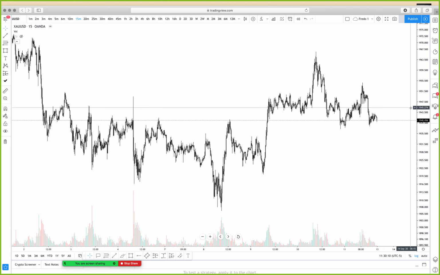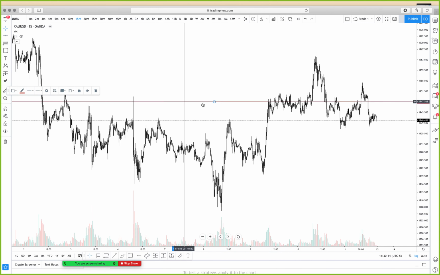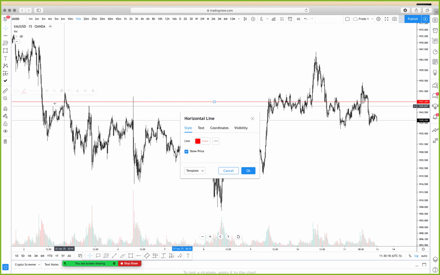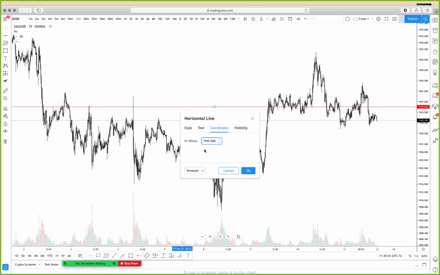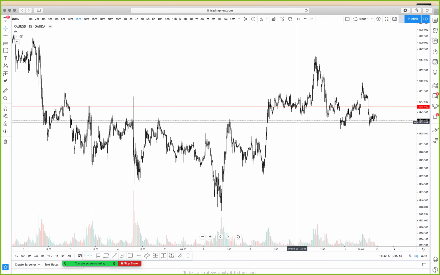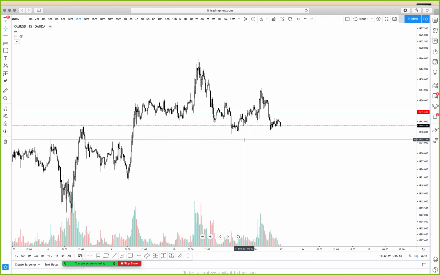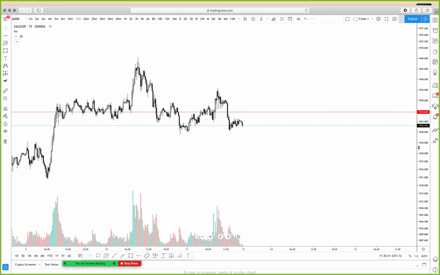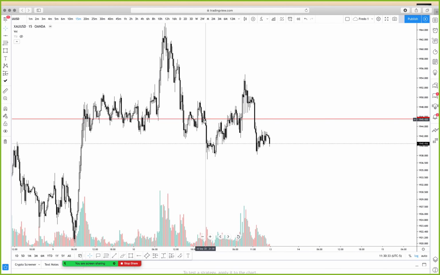Oh, or 1945. So basically, I saw a good sponsor candle on the 15 minute. I dropped down to the 3 minute. I saw that there was price inefficiency, and then that's when I took the trade.